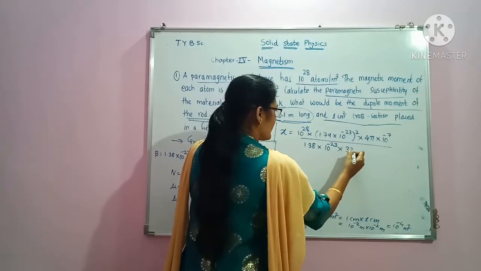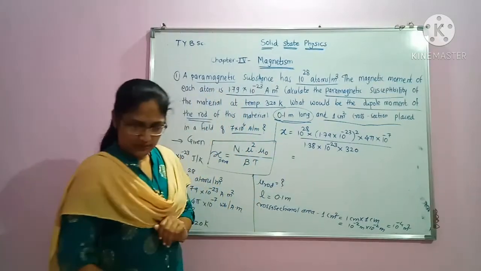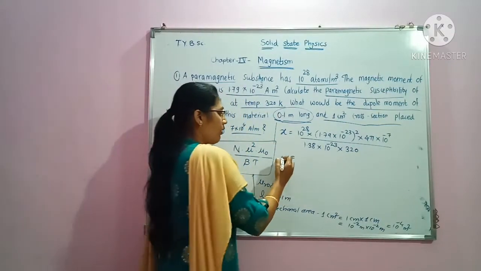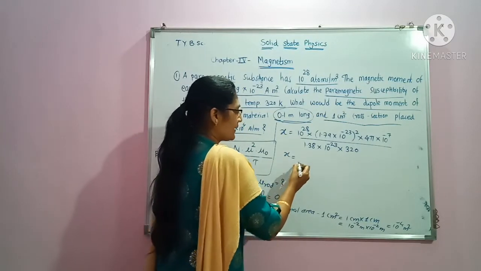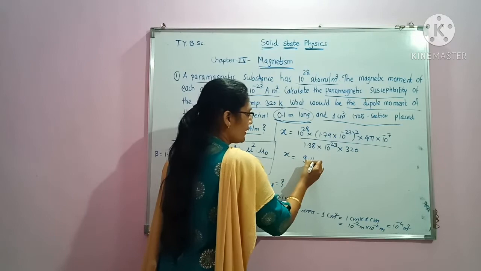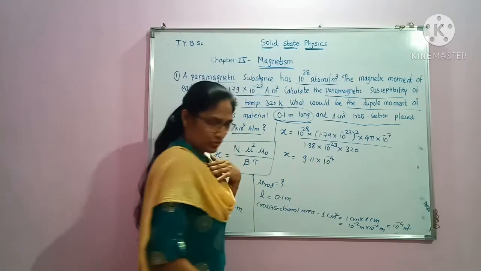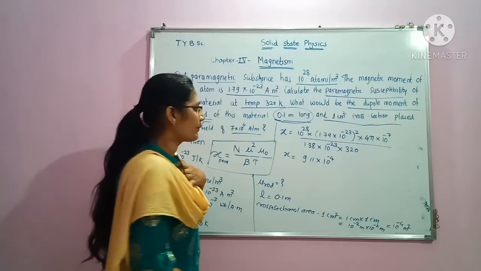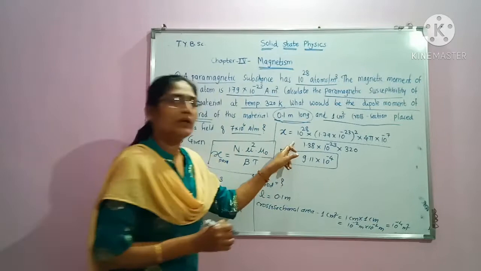Absolute temperature is given as 320. When we solve this, we obtain the value of the susceptibility of the paramagnetic substance as 9.11 into 10 raised to minus 4. So this is the value that we have obtained by solving this.